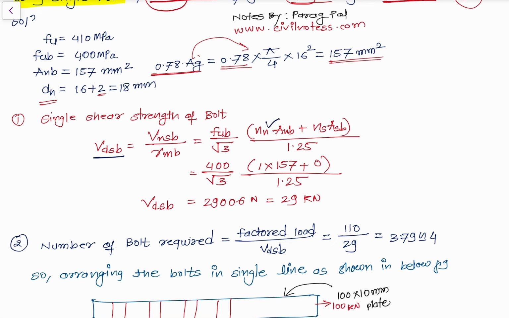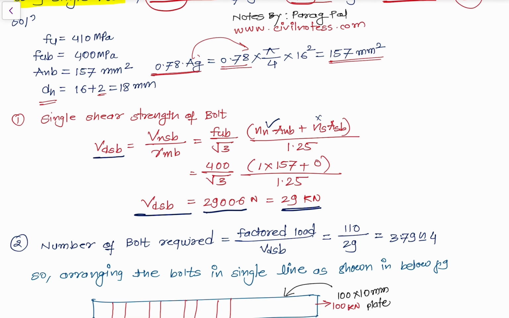This is a single shear, so we are putting only one. We don't have the shear plane over there, so we are putting NS value as 0. So NN equals 1. ANB we have calculated as 157, and 1.25, root 3 is the standard. So you can see VDSB we got is 29,006, so we consider 29 kilonewton. We have this value with us.